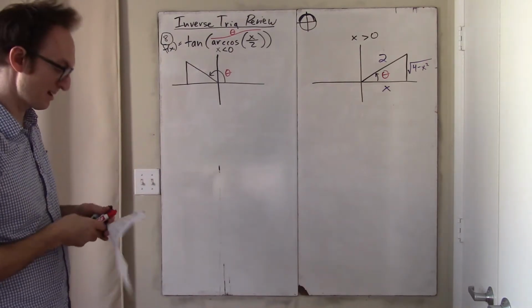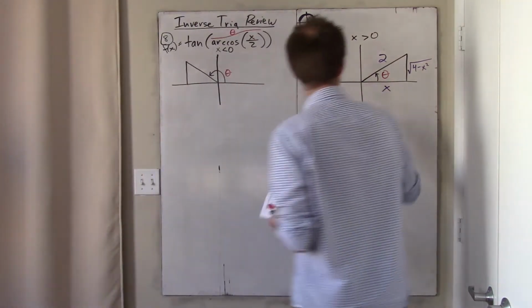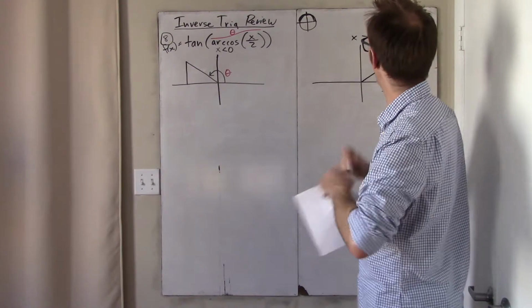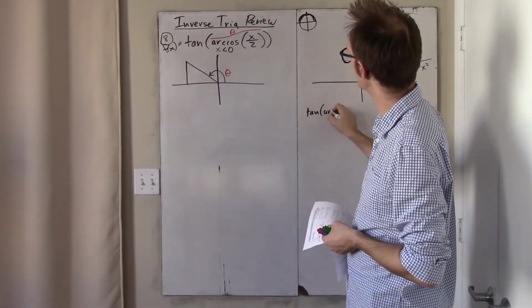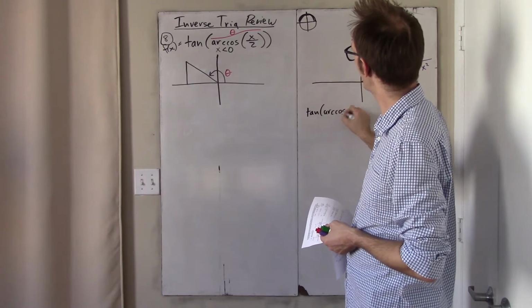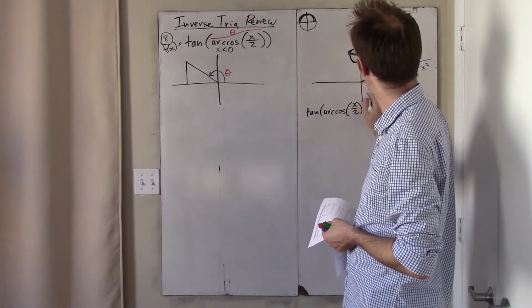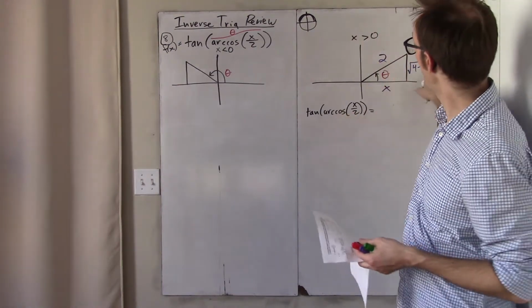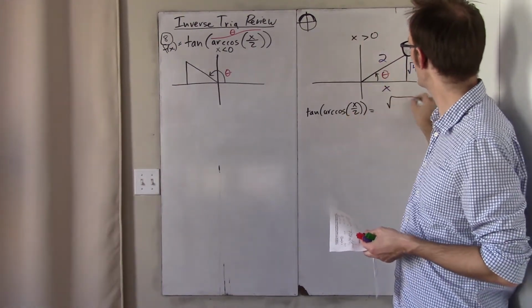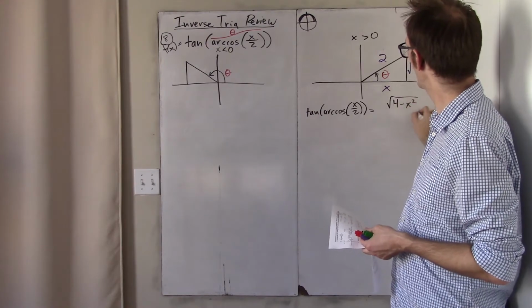Well, now it's time for me to answer the question: what is the tan of theta? I think I'll just ignore the nickname and write it out. What is tan of arc cosine x over 2 in this case? Well, we just read it off the picture, and it's that over that. So what we end up with is root 4 minus x squared over x.